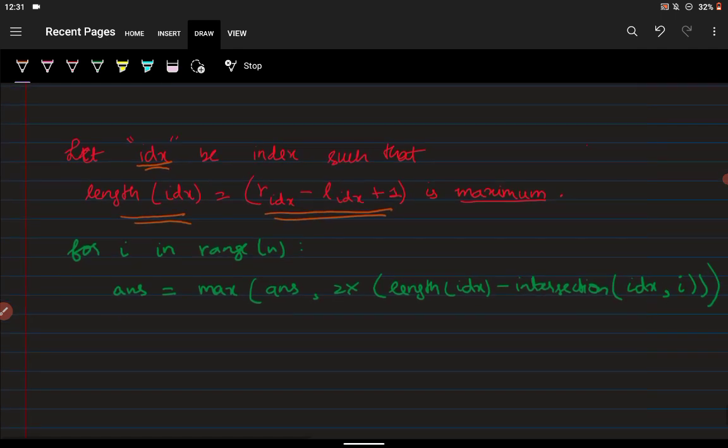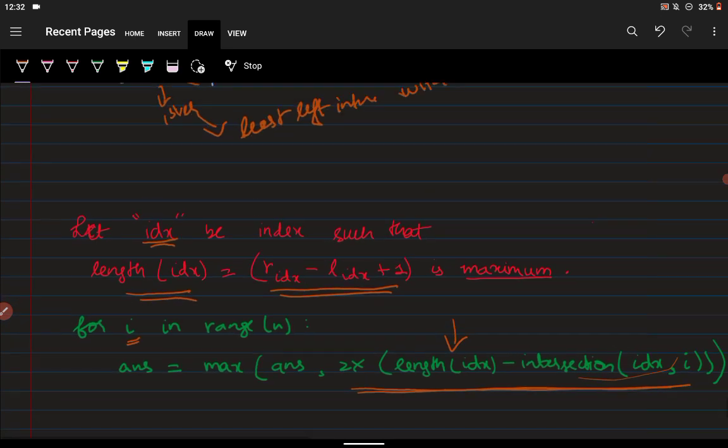After we find the index, we calculate the answer, assuming that is the maximum range and I is the minimum range, and we calculate the same formula, 2 times the length of index. Basically, we iterate through all other ranges which are not the index, calculate the intersection, subtract it from the index's length and multiply by 2.